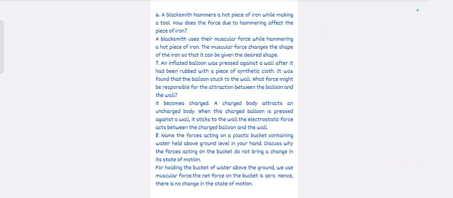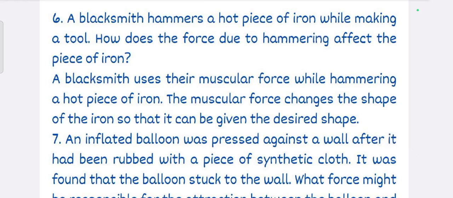Now we will start question number 6. A blacksmith hammers a hot piece of iron while making a tool.